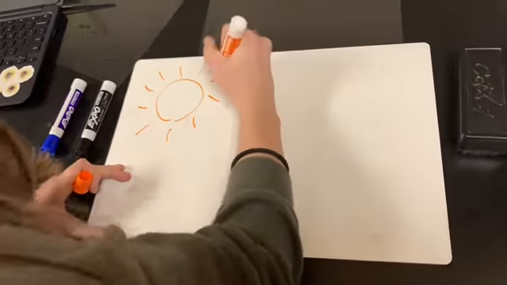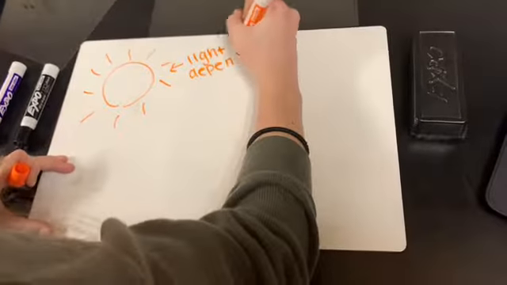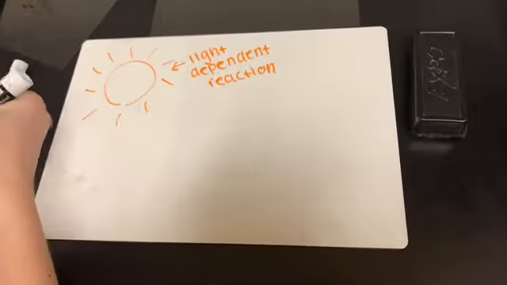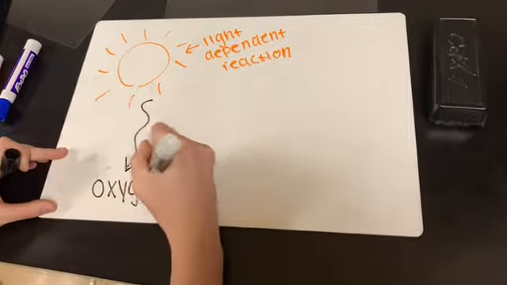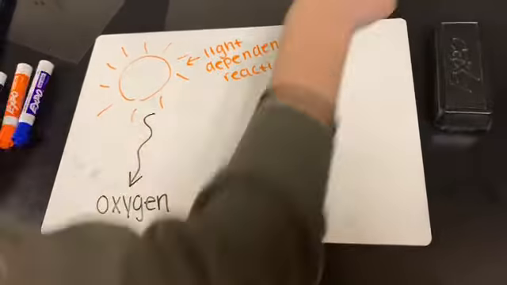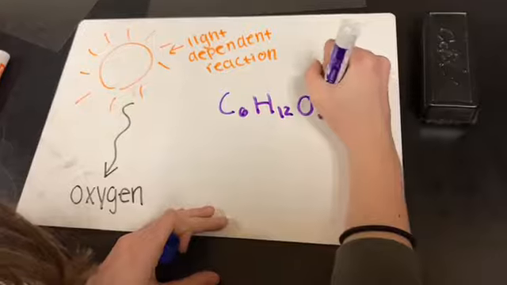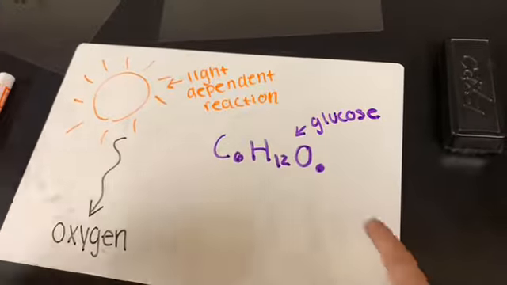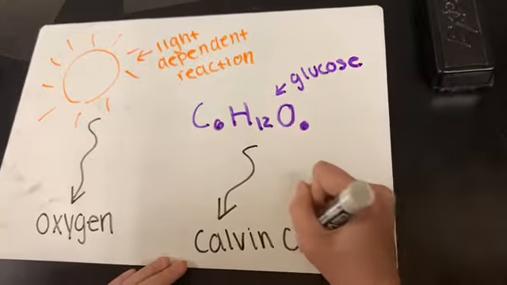Oxygen is produced in light-dependent reactions, and glucose is produced in the Calvin cycle. Now let's talk about what light-dependent reactions and the Calvin cycle actually are.